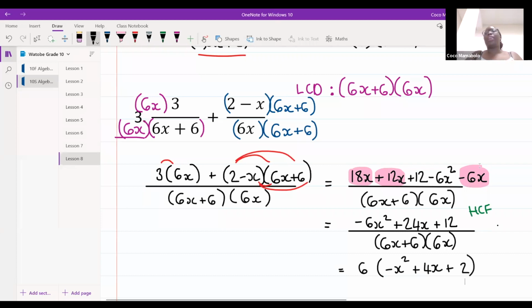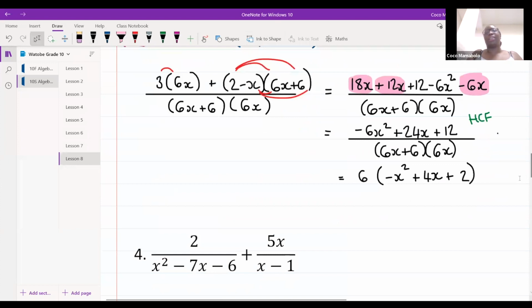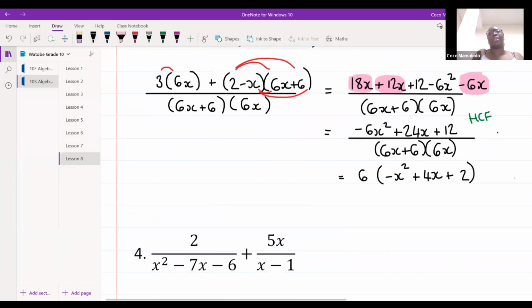Close it. Then do not forget your denominator. My denominator must always come with me, guys. It must come with me every single time. All over. And now I'm just going to take my 6x plus 6 and my 6x, and swap them around. So I'm going to write this as 6x multiplied by 6x plus 6.